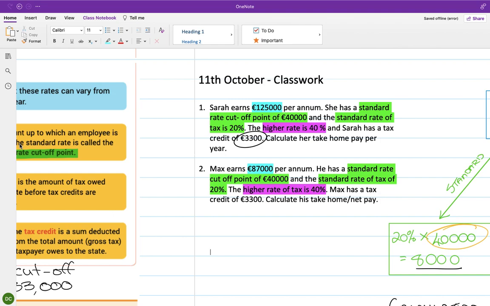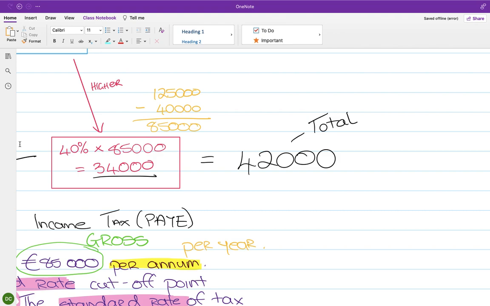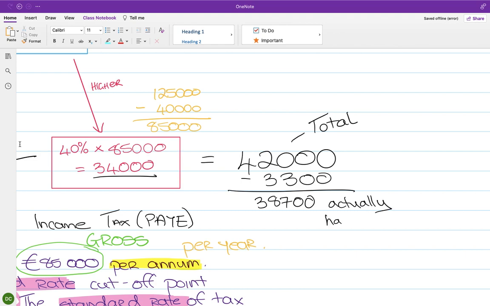So we're going to take that voucher off. So minus 3,300. 38,700. And now we know what she actually has to pay to revenue.